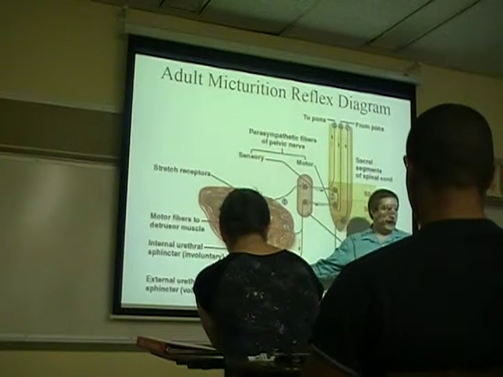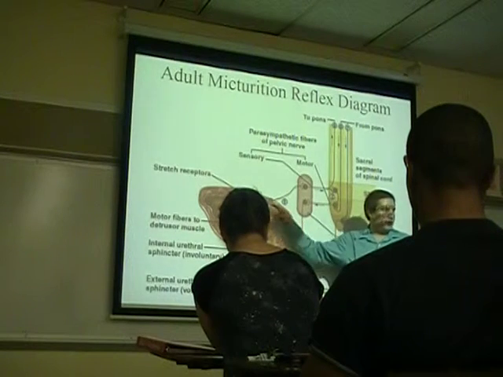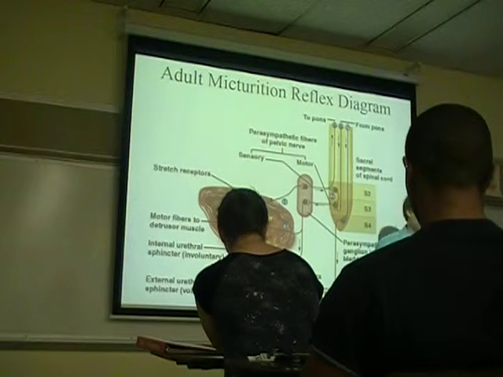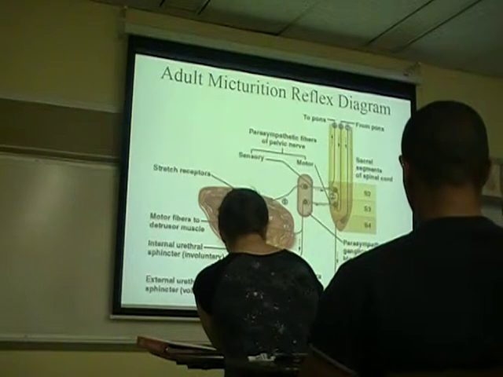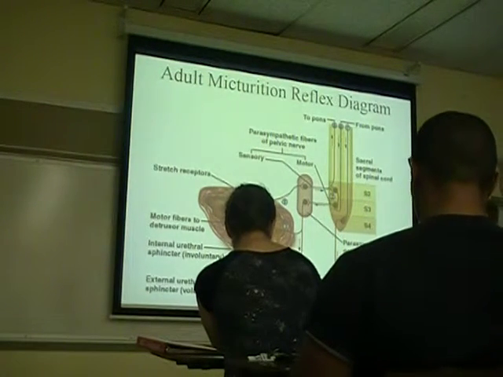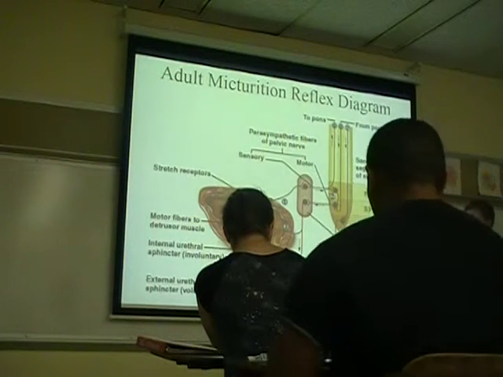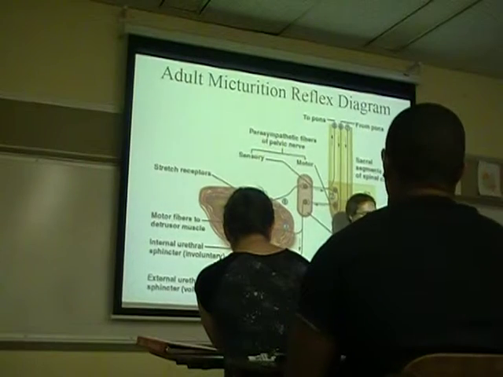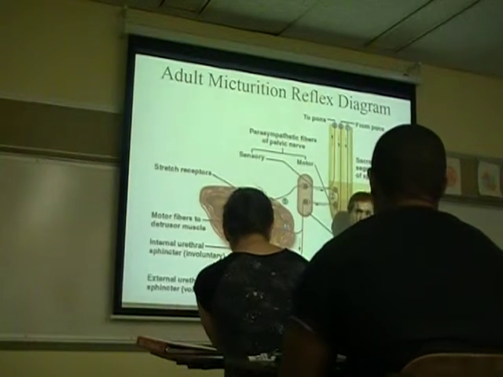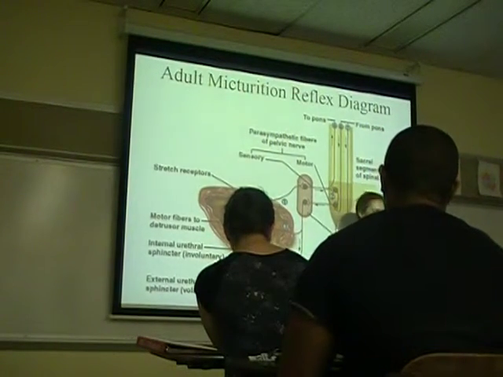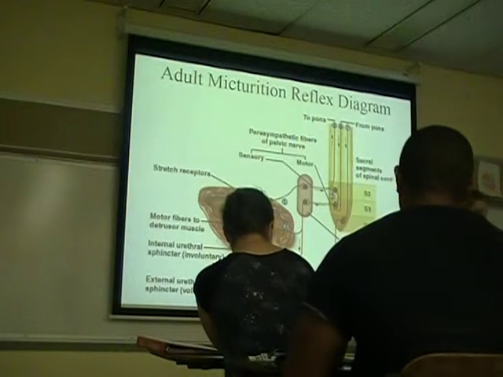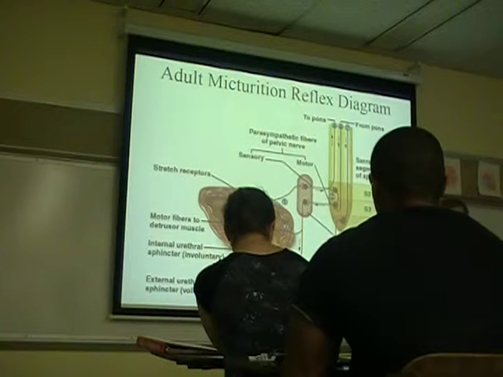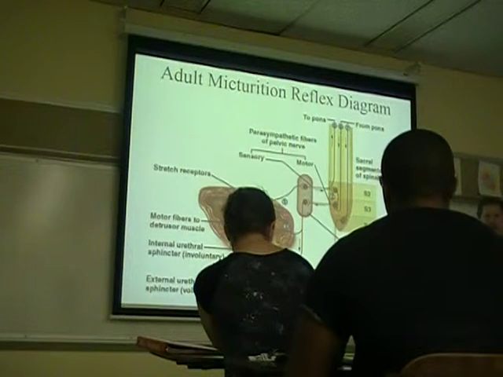We don't have any control over the contraction of the detrusor because that's smooth muscle, but we can decide when and how to urinate, and that's where the conscious control comes into play. We can say, yes, I have to urinate, but I'm not going to do it yet. So this sphincter right here, what's a sphincter? That's all it is, a circular muscle. We can relax that urinary sphincter and then let the urine flow out of the urethra. Stretch receptors, that's what I want you to take away from that.